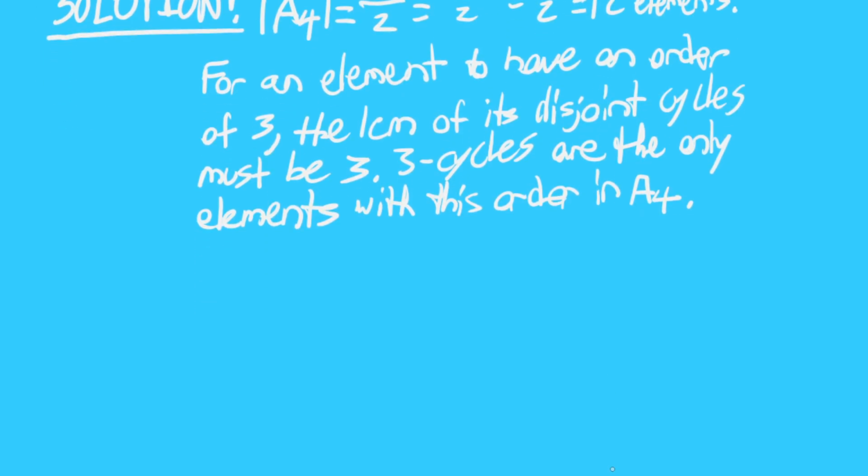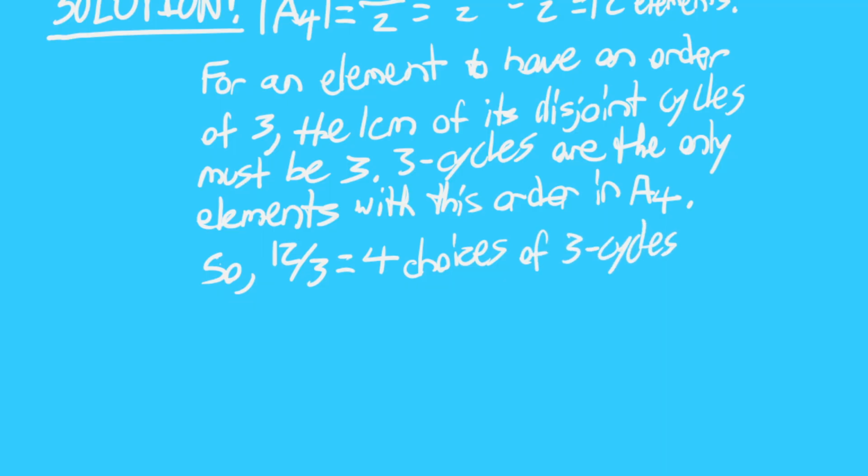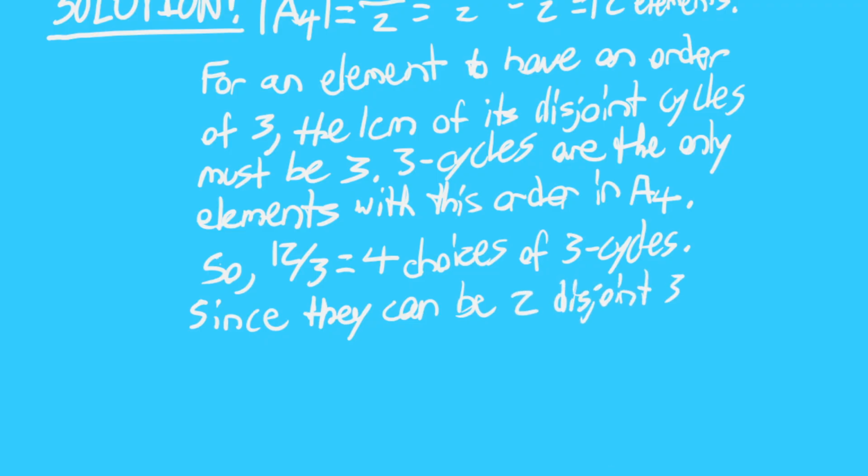So we have 4 choices of 3 cycles. And we also have, since they can be 2 disjoint 3 cycles, we have 4 times 2 equals 8 elements.